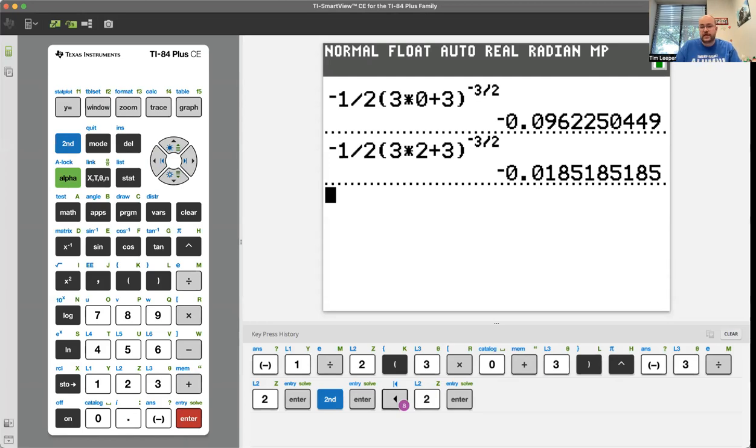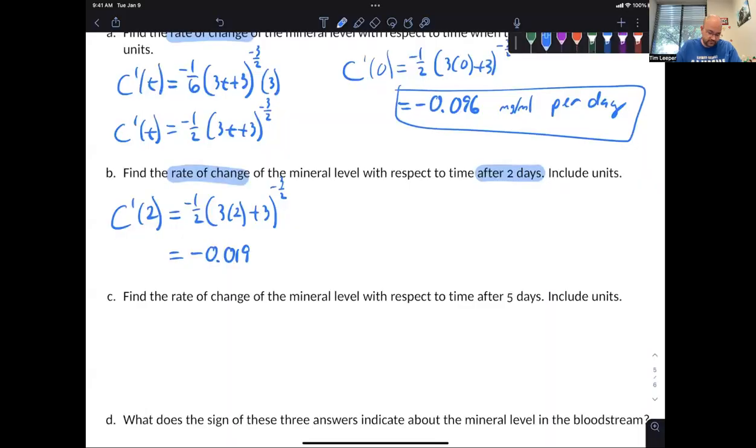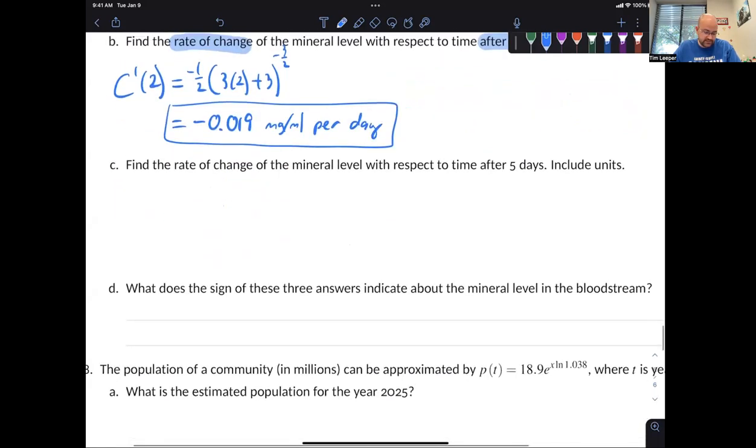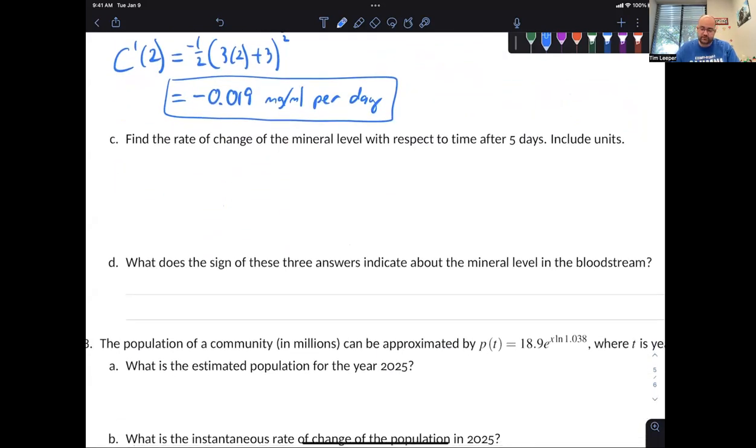Good deal. And the units are exactly the same here. Milligrams per milliliter, and then per day. Good, that's B. C says, find the rate of change after 5 days.